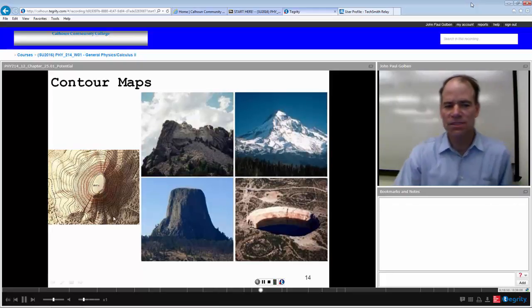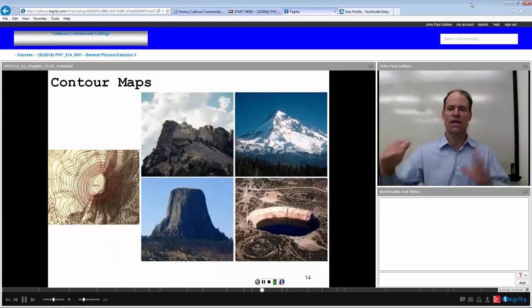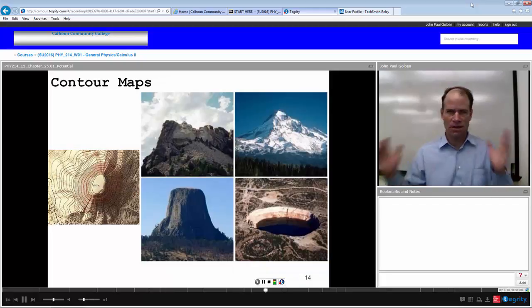We have concentric lines. No two lines cross, and they're always designating the same height within the contour. So if you made a map of these different heights, you would actually be making a two-dimensional mapping of a three-dimensional contour.